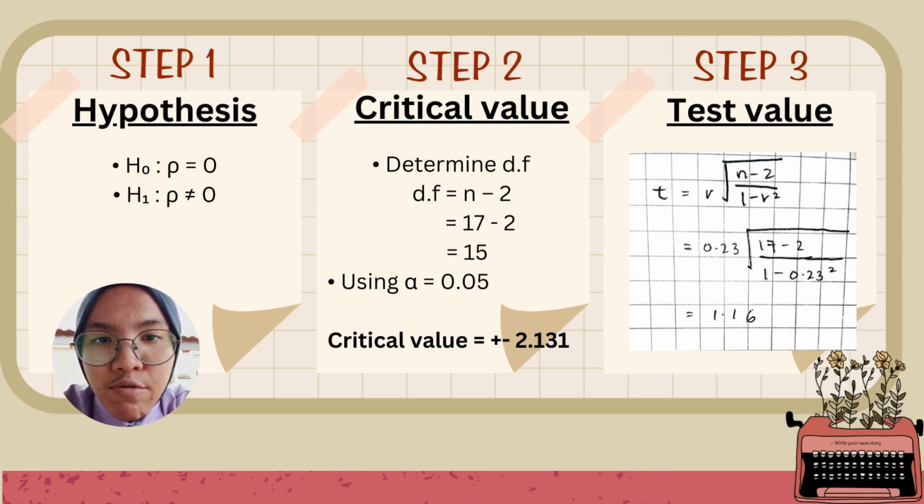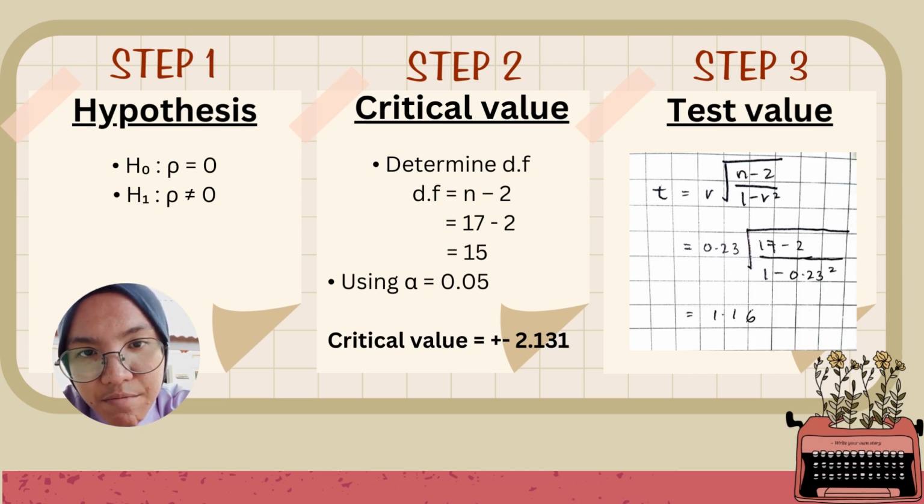The critical value is plus or minus 2.131. Step 3, t equals r, and the t equals 1.16.